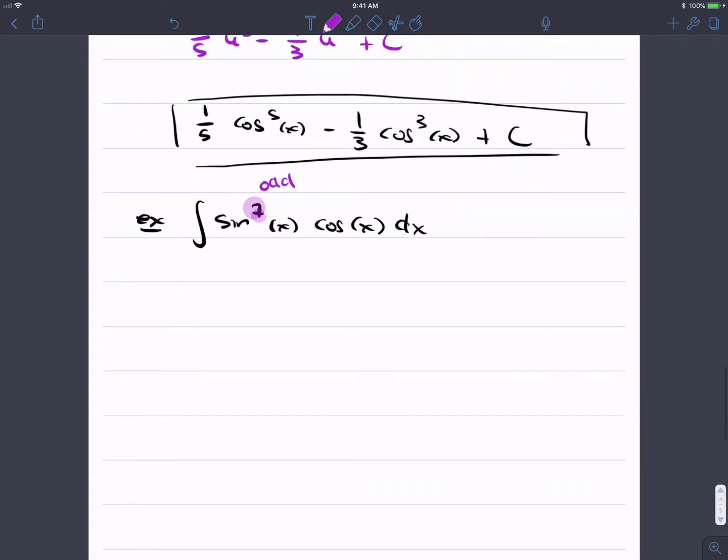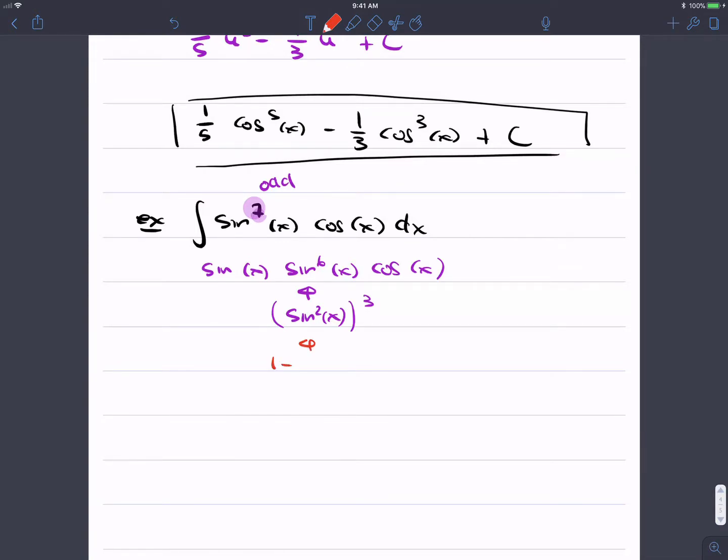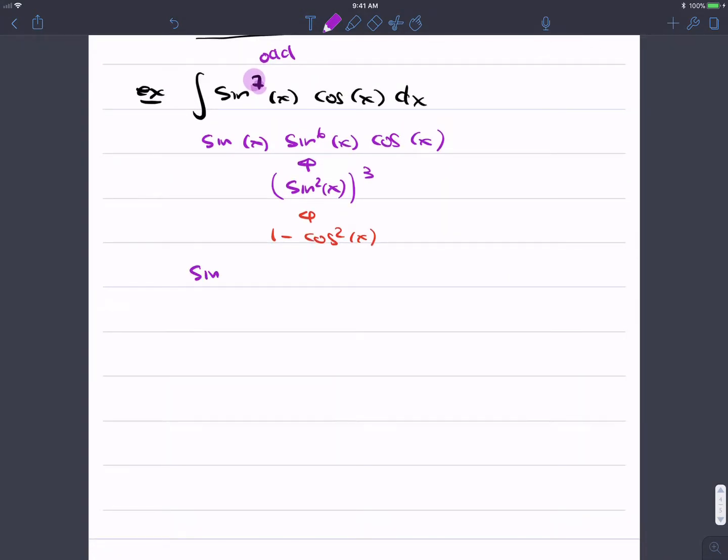We're going to factor out a sine here, so we'll have sine to the 6th power of x times cosine x. Now I'll have to write this as sine squared raised to the 3rd power so that I can use my Pythagorean identity, 1 minus cosine squared, for that sine squared. And so altogether, what we have again is the factor of sine times 1 minus cosine squared to the 3rd power times cosine x.